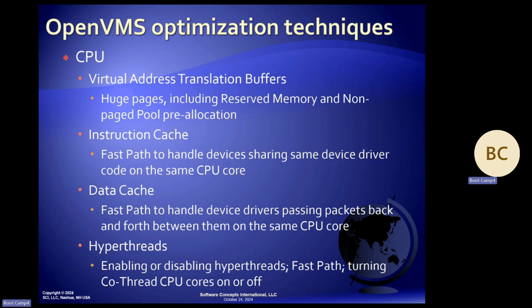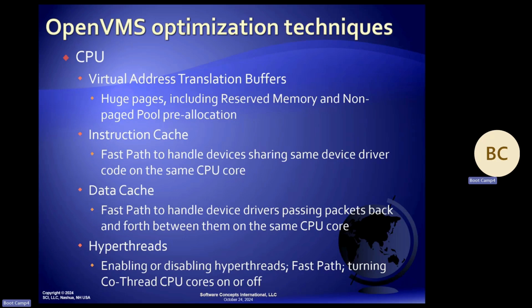With regard to the CPU instruction cache, if you use FastPath to assign the interrupts from devices to a CPU, and you assign devices sharing the same device driver to the same CPU core, then when an interrupt comes in from one of those devices, chances are greater that the interrupt routine for that particular device is already in that CPU's cache.